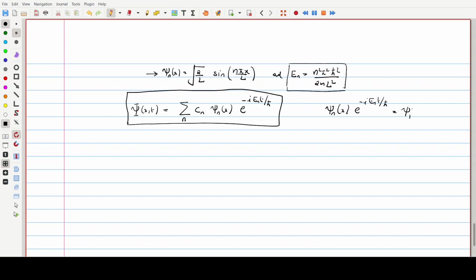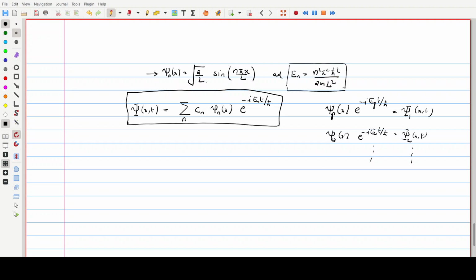We can write psi 1 of x,t, and similarly psi 2 of x,t can be written as psi 2 of x e raised to minus i E2 t by h bar. So we have many solutions, psi 1, psi 2, etc., up to infinity. And if you add all these wave functions, that gives the most general solution.